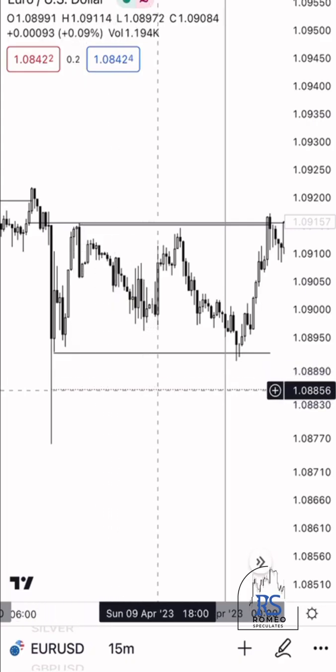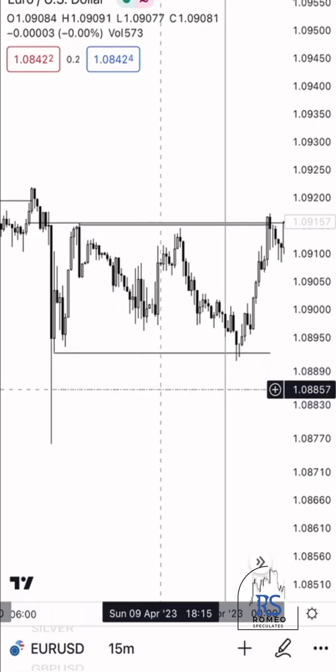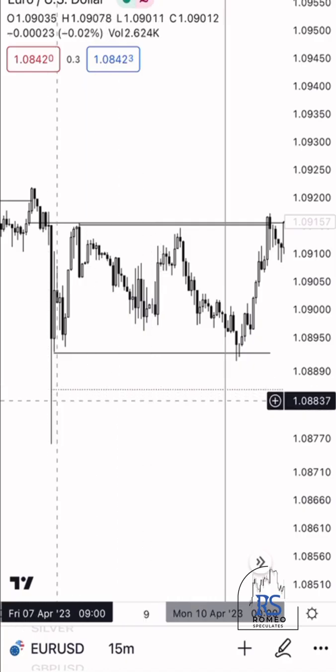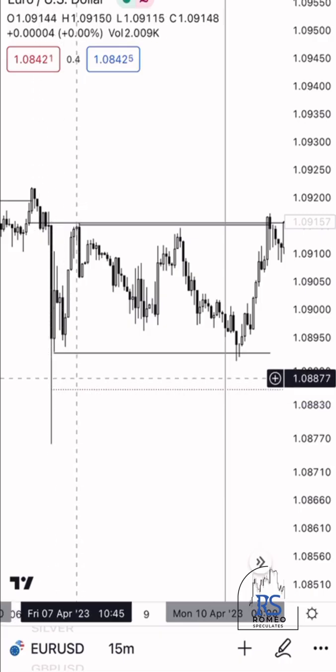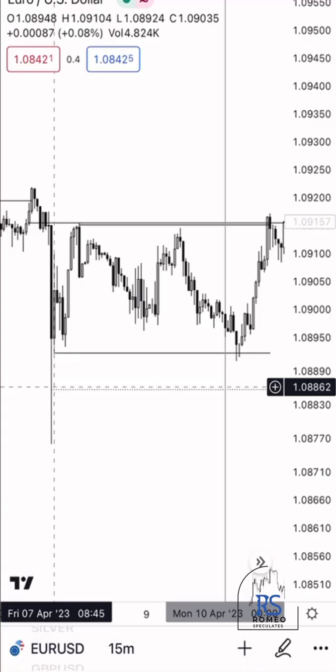And notice how the consequent encroachment, or the 50% of the wick rather, is also a lower time frame liquidity pool, right? The same way a higher time frame rejection block is a lower time frame order block, right? So everything is fractal and connected.